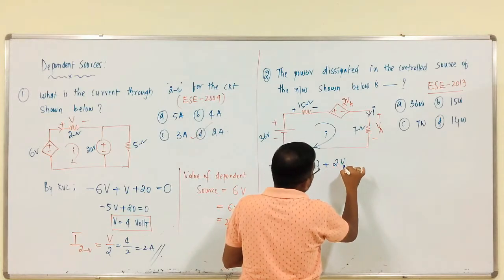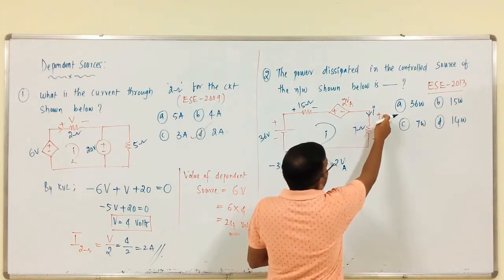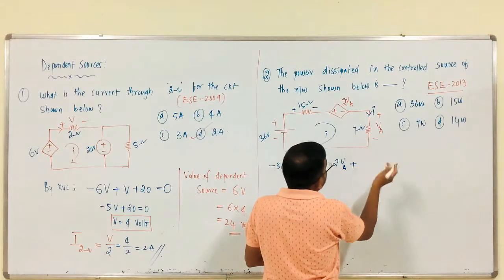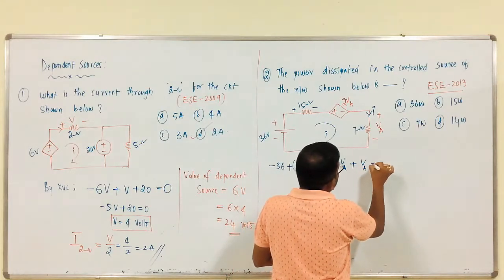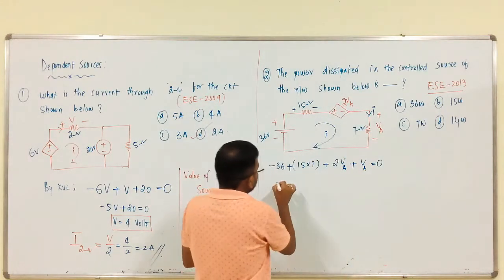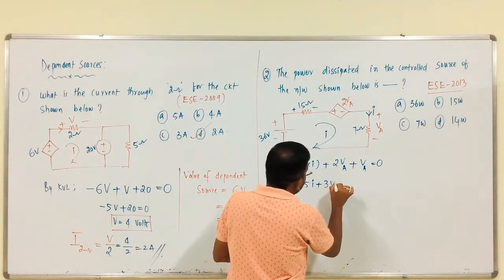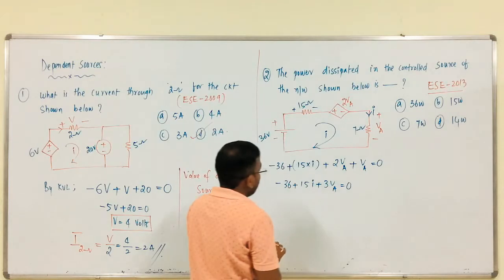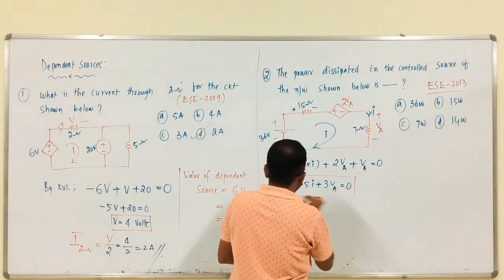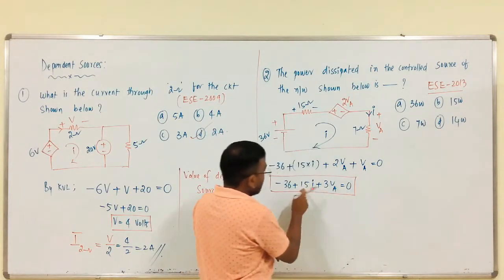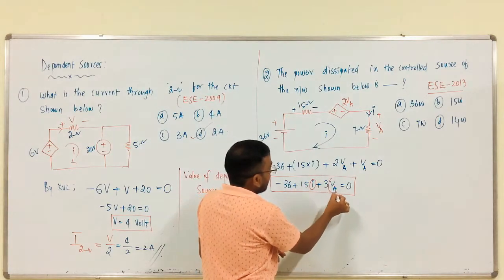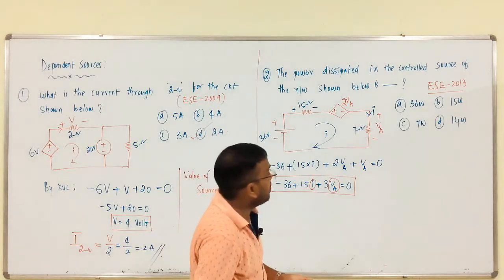Coming to this, plus VA, which is equal to 0. So, minus 36 plus 15I plus 3 VA is equal to 0. We have one equation and two variables, that is I and VA. How can we solve this problem?